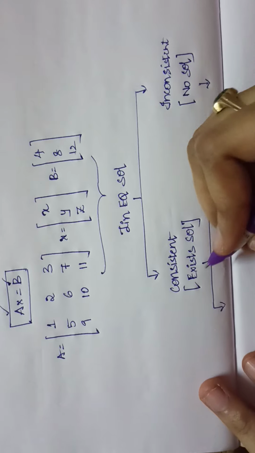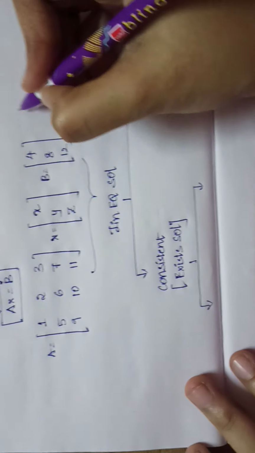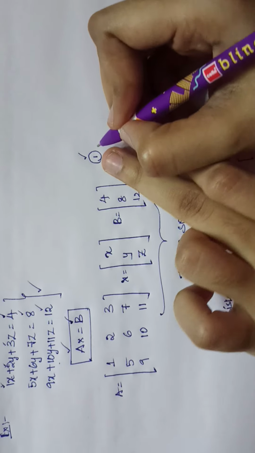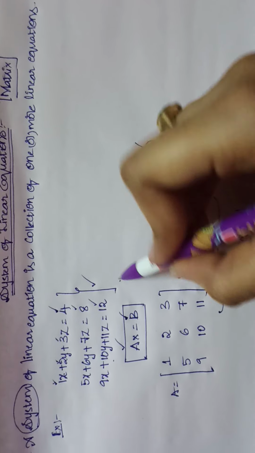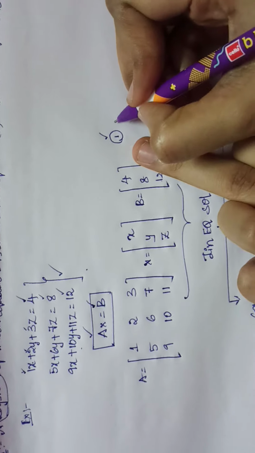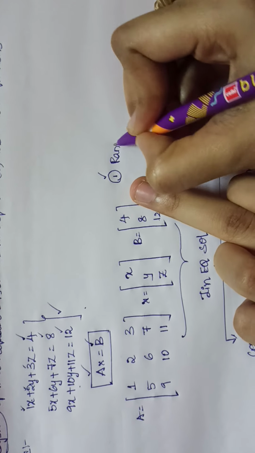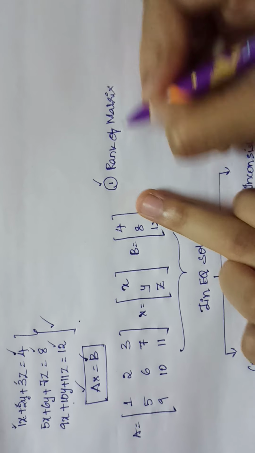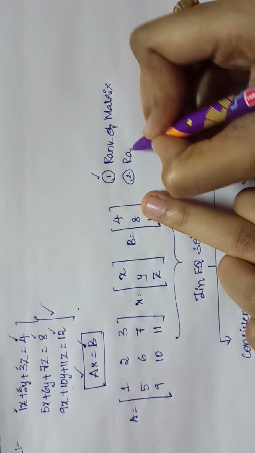Before going to this, we have to know one trick here. The first and foremost thing that we have to find out for these linear equations converted into matrix form is the rank of the matrix and the rank of the augmented matrix.